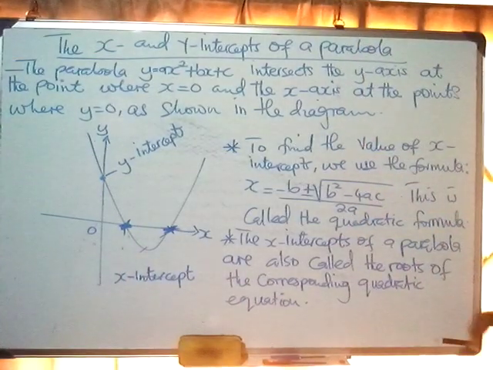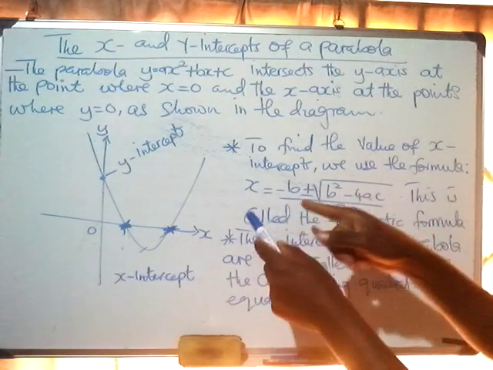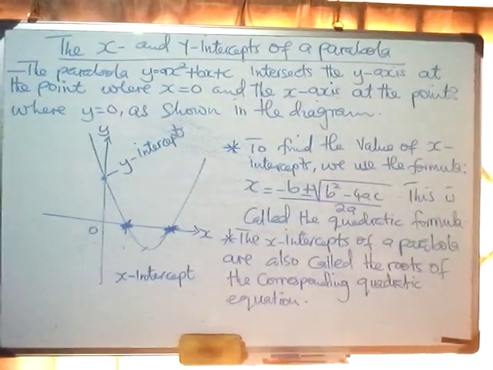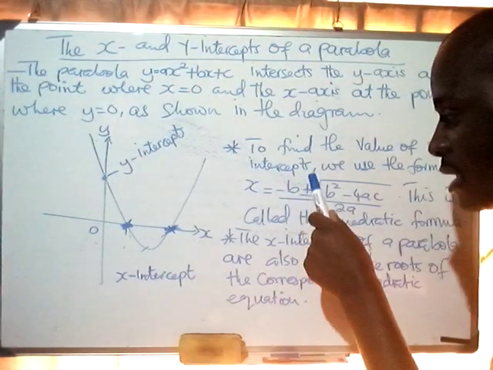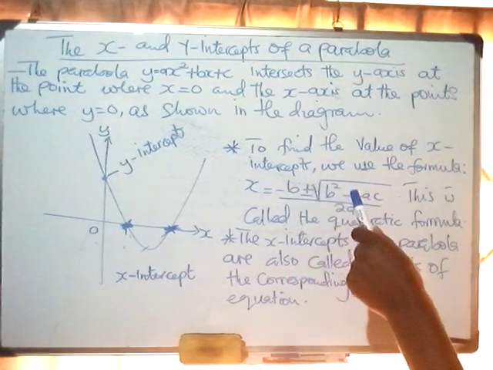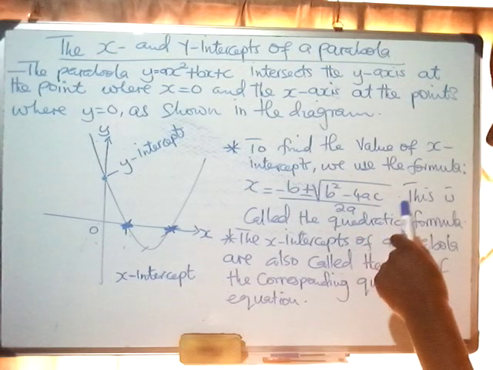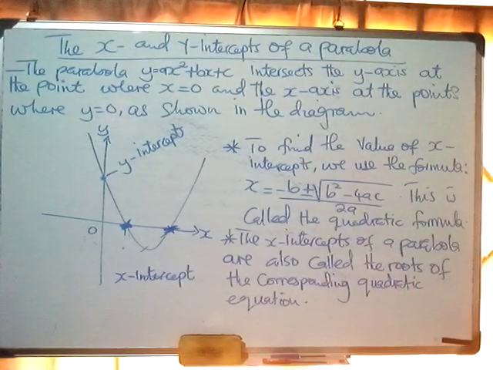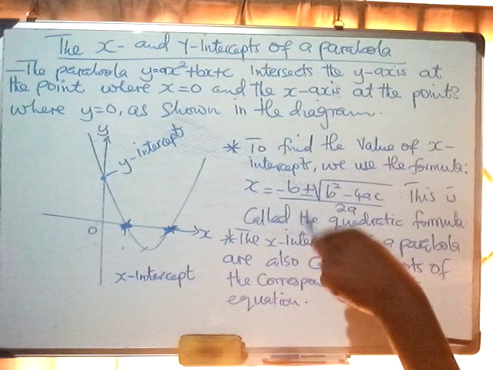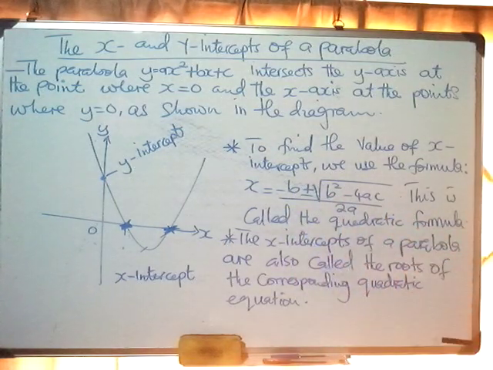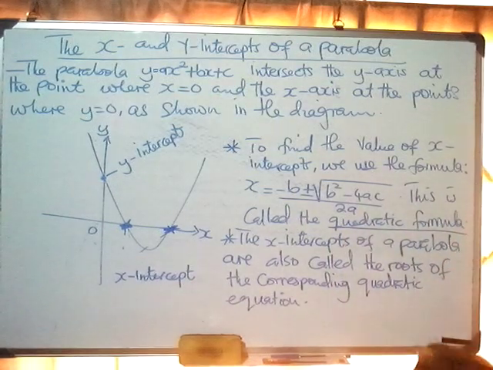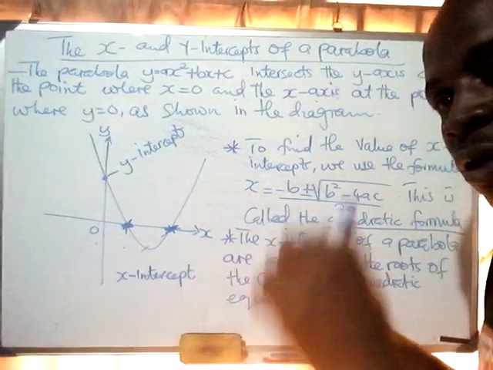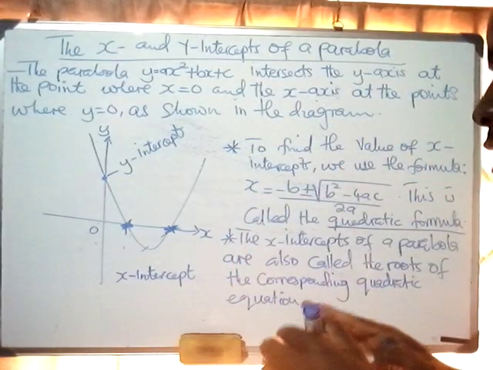we use the formula x is equal to negative b plus or minus the root of b squared minus 4ac over 2a. This formula here is also known as the quadratic formula, which we are going to learn about as we go to our next topic.